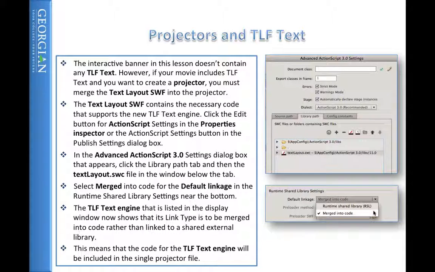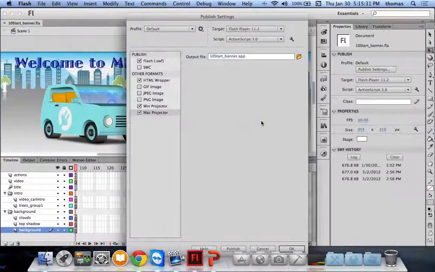The important thing is when we have TLF text for our banner ad, it's always a good idea to embed the text into our code so that we don't lose it. Sometimes we can convert it to outlines. That's another methodology as well.